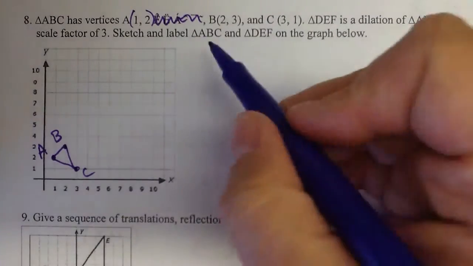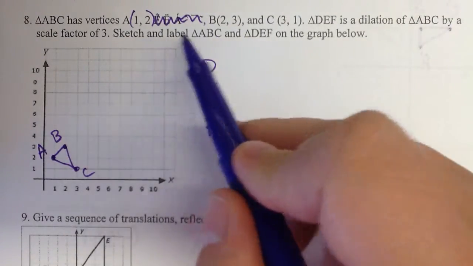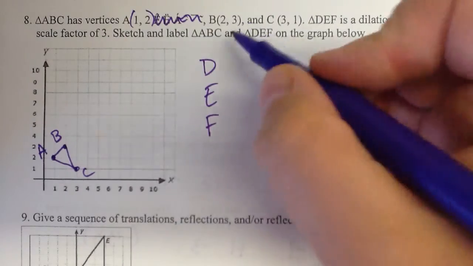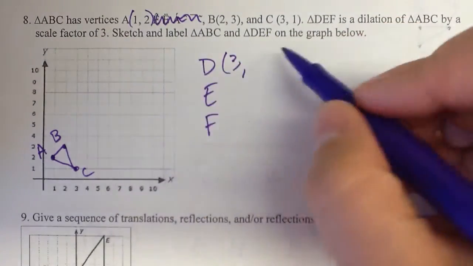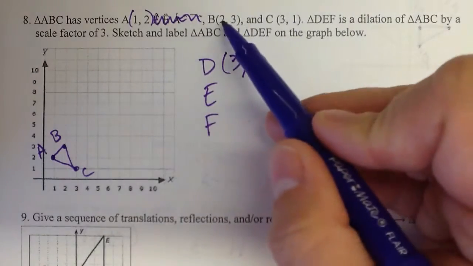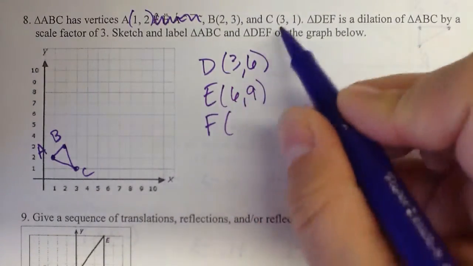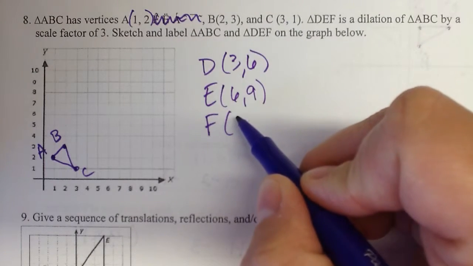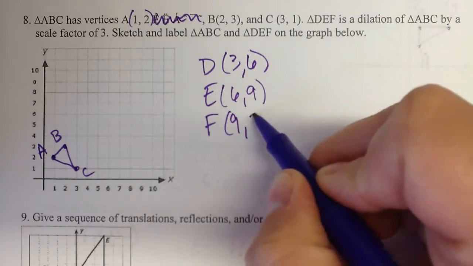So then we're going to do DEF. We're going to take the original coordinates and just multiply by 3. So 1 times 3 is 3. 2 times 3 is 6. 2 times 3 is 6. 3 times 3 is 9. 3 times 3 is 9. 1 times 3 is 3.